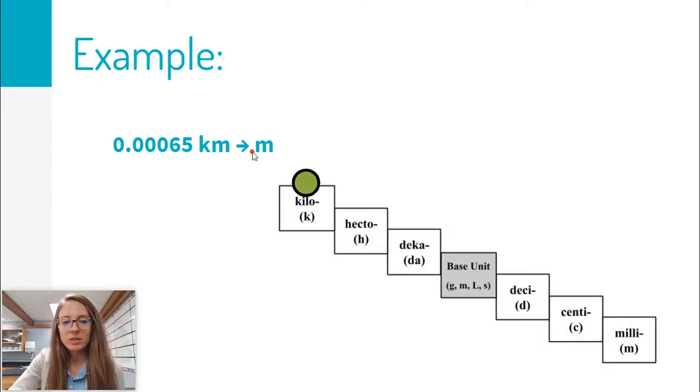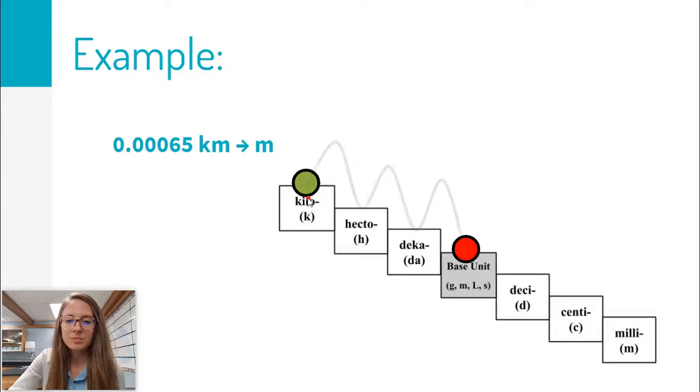To find which stair we're stopping at, we look at the ending unit. We cover up the last letter with our hand. Since there is nothing left, we know that we are stopping at the base unit. Next, we need to count how many stairs in which direction we are going to go to get from kilo to the base unit.